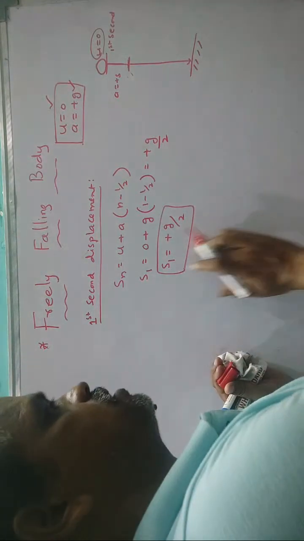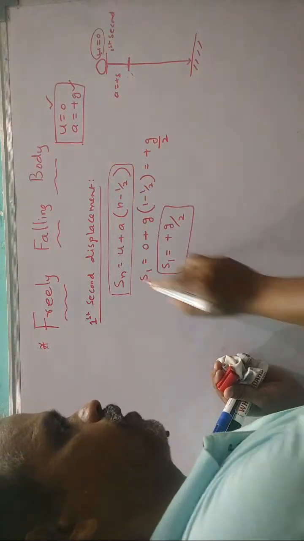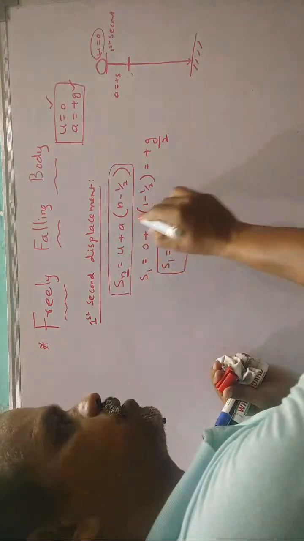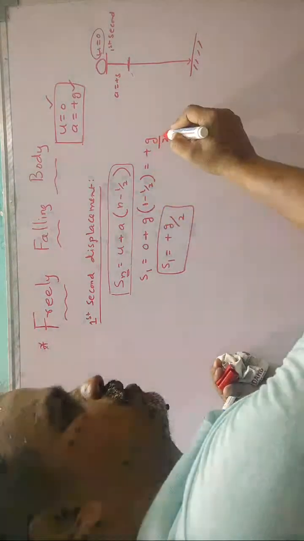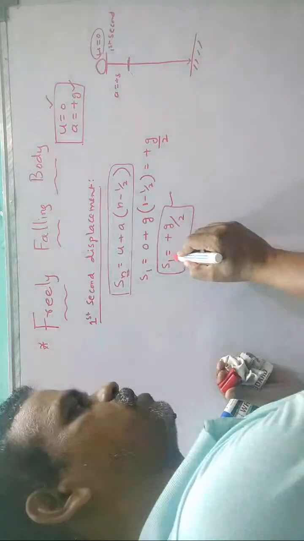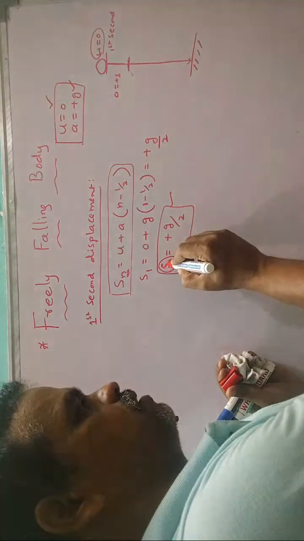I just took this nth second displacement formula and substituted n equal to 1, that is s1 equal to g times (1 minus 1/2), that is 1 by 2, so s1 equals plus g by 2. So here we understand the displacement in the first second.